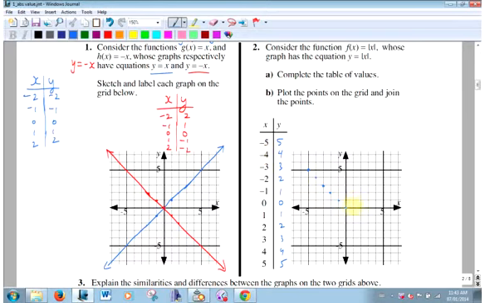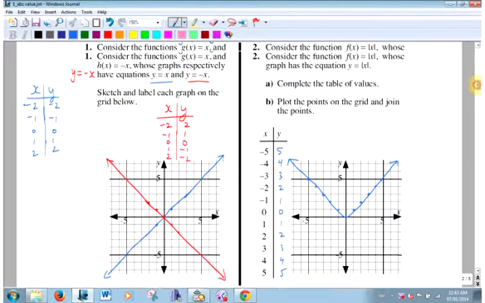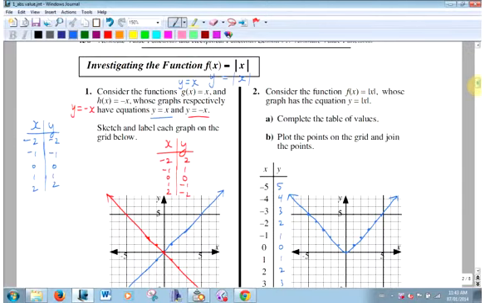If x is 1, y is 1. 2, 2, 3, 3, 4, 4, 5, 5. Okay. Do we see any negative outputs for this graph? And that should make sense. Like I said, we shouldn't have any negatives because absolute value cannot be negative.